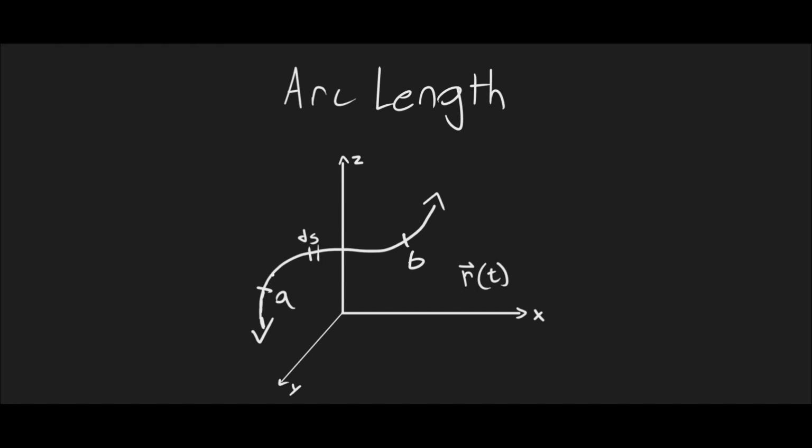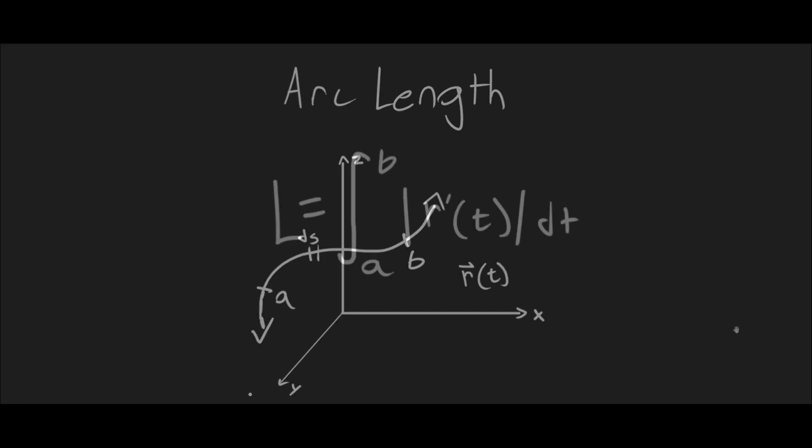And we're going to add up the length of all of those line segments, and this will give us the length of the curve. To get the length of the line segment, we need to take the derivative of the function r, which is the curve in 3D. So let's take a look at the formula.